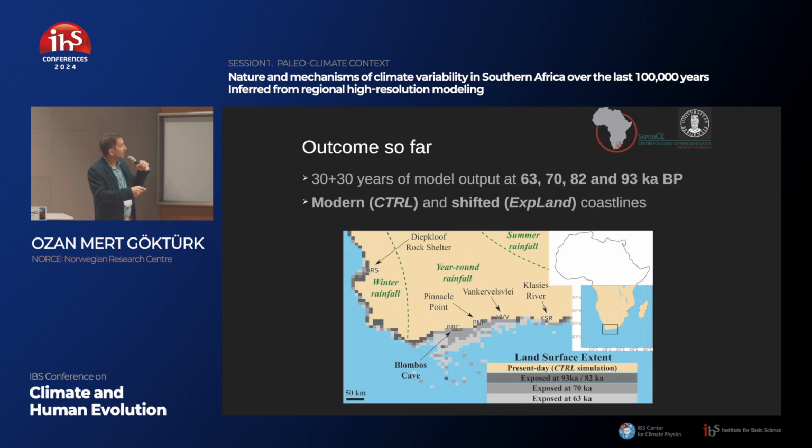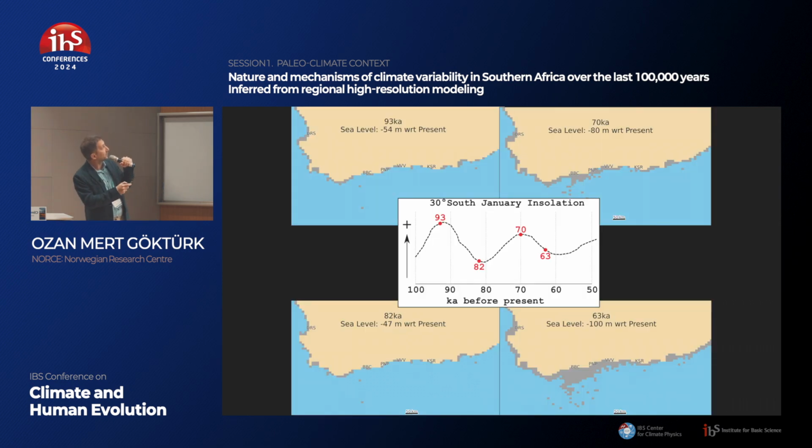As you see here, for example, at 93,000 years before present, sea level was about 54 meters below the modern sea level, and at 63 it was 100 meters below, but at 82 it wasn't that low. That's why here you can see that the exposed land resulting from this sea level drop was not that wide.